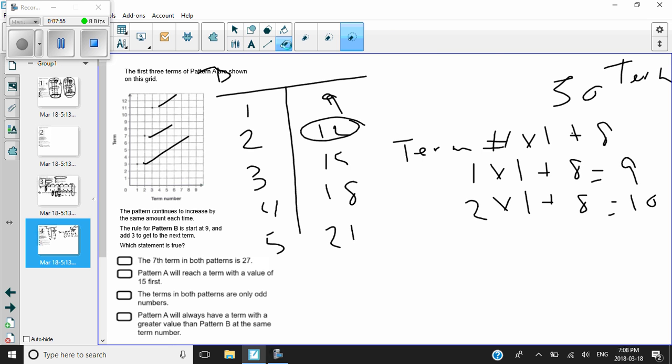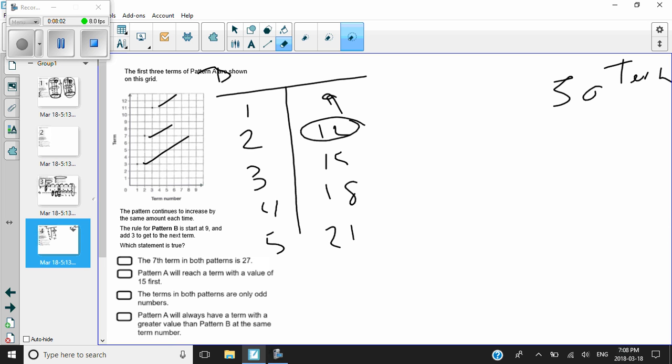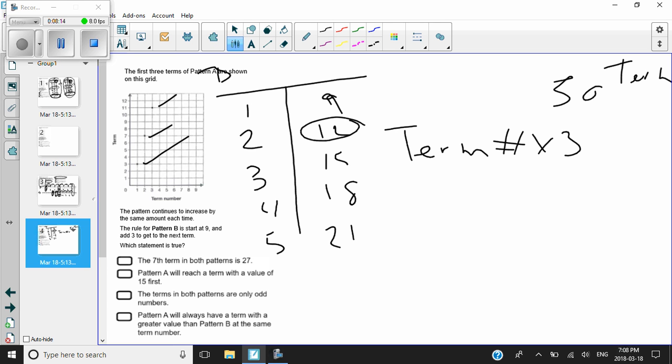Okay, let's try the next one. Let's erase this. That rule didn't work. Let's try term number times 3. Let's try that.